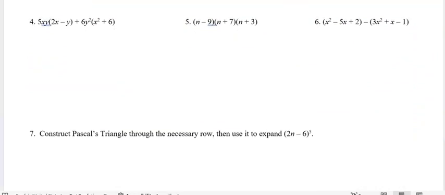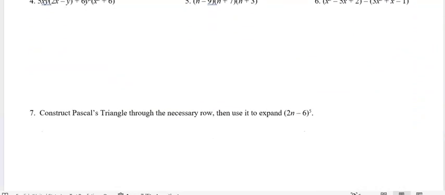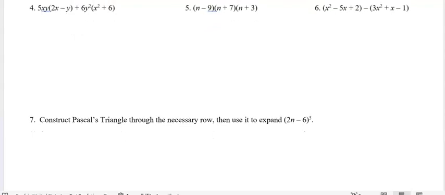Same instructions to simplify. So number 4 is the distributive property. So I'm going to distribute 5xy to 2x. That's 10x squared y. And then 5xy times negative y, that's negative 5xy squared. And then I'm going to distribute 6y squared to x squared, 6x squared y squared.